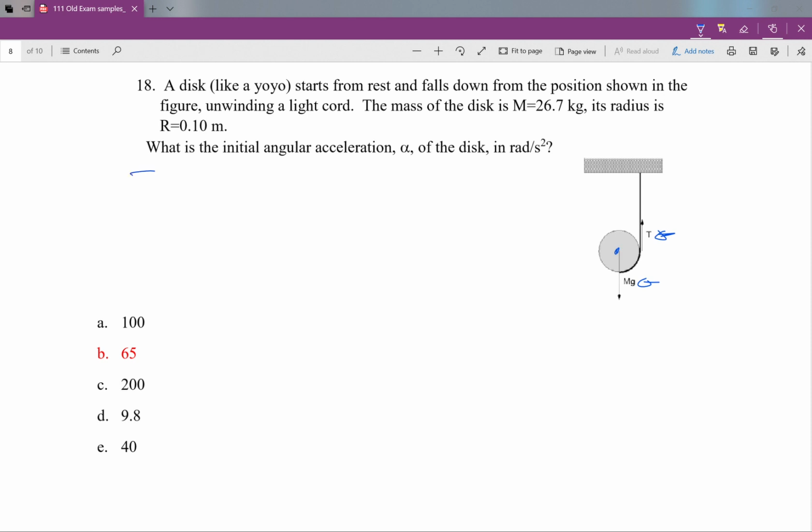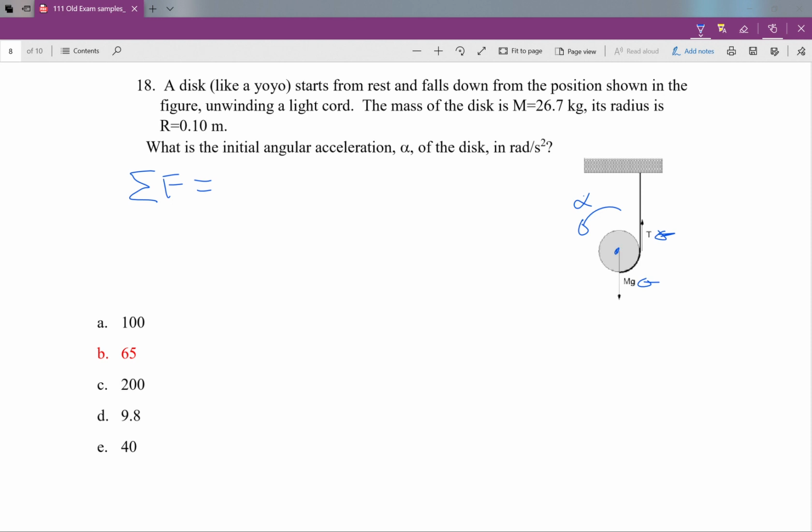So we say that the sum of the forces is going to be equal to, now this is going to be the positive direction of the angular acceleration, right? Because if you think about it, it's going to move counterclockwise.